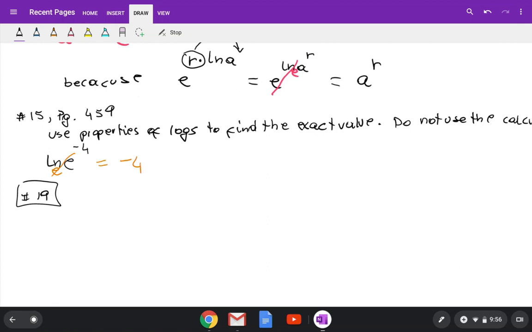In number 19 we have logarithm of base 8 of 2 plus logarithm of base 8 of 4. What's going to happen here? I have two logs and a plus sign, so that's going to be the product property.